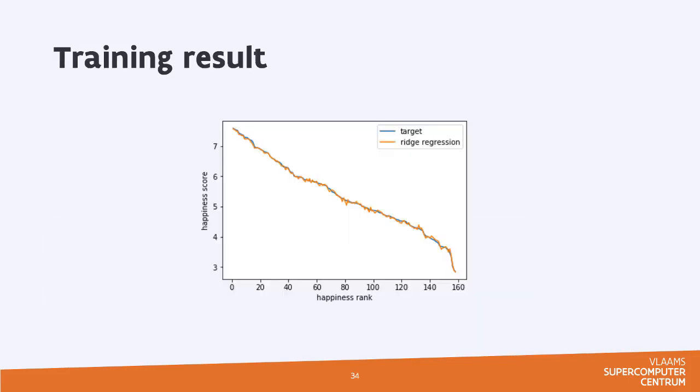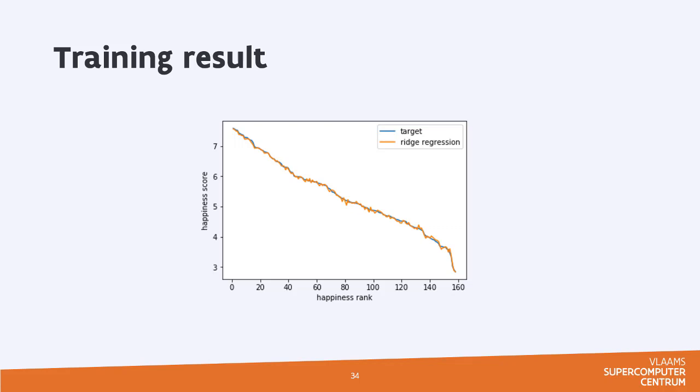Okay, let's have a look. Basically the result of ridge regression, that would be the yellow line, and the target is the green line, so those are the happiness scores as given by the training set. It doesn't look too bad. If the yellow line is non-monotonic, it means that countries have been classified, let's say, with a higher rank or lower rank than they actually have originally.